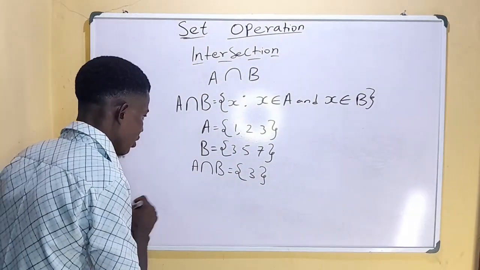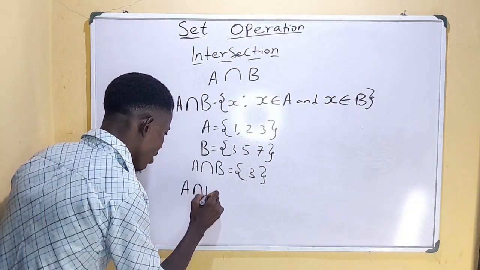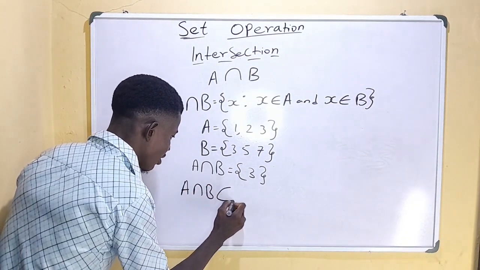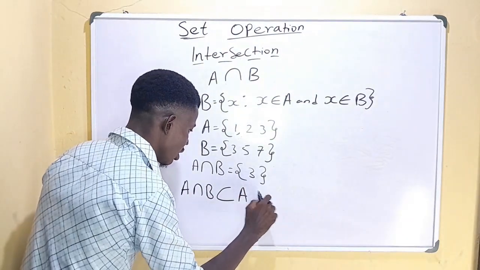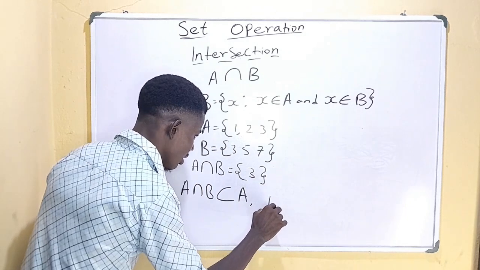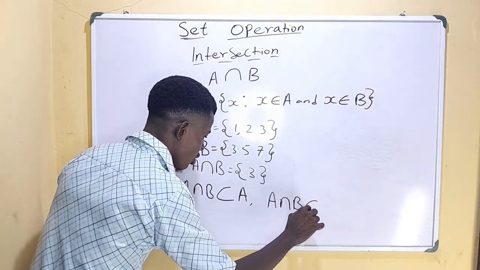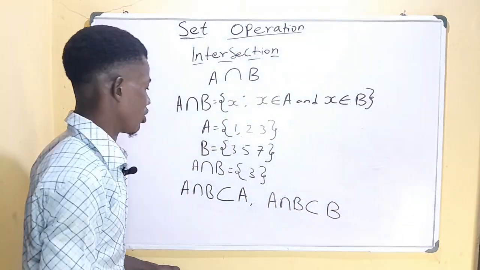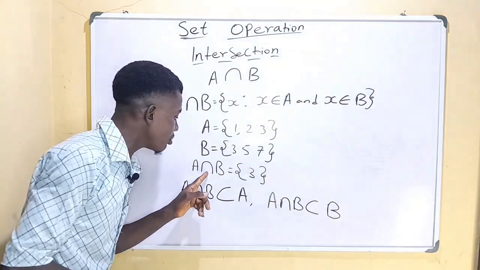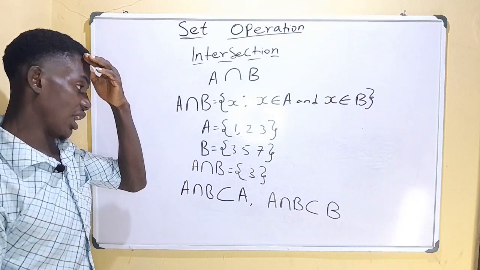And note that the intersection of A and B is a subset of A, and the intersection of A and B is also a subset of B, because you can see this inside this, you can also see it inside here.